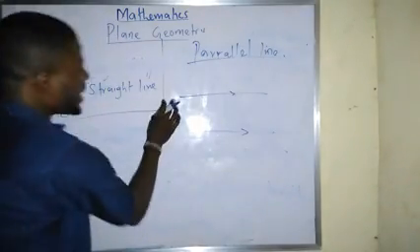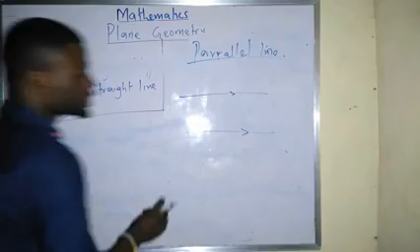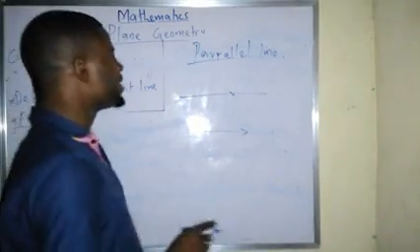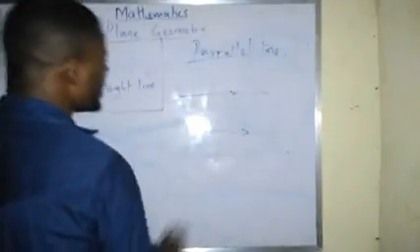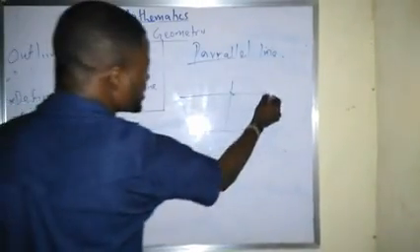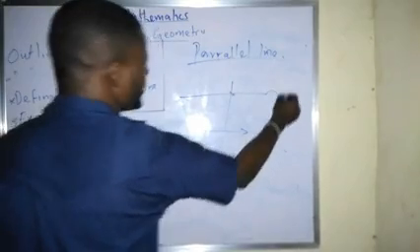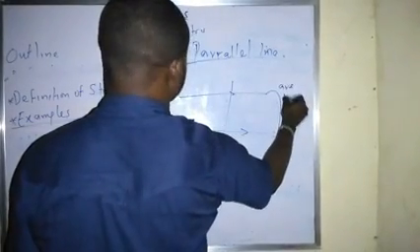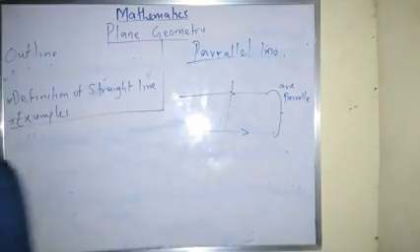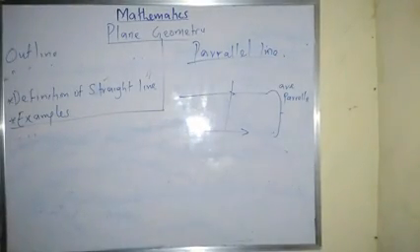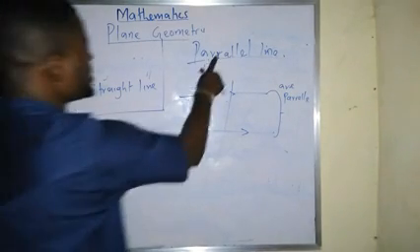If I have lines like this, joined in the same direction, it means the lines are parallel. These lines are parallel to themselves. Sorry, I can't spell parallel.